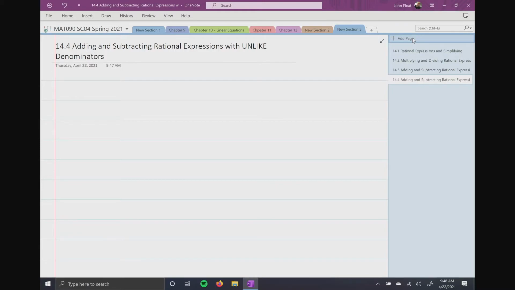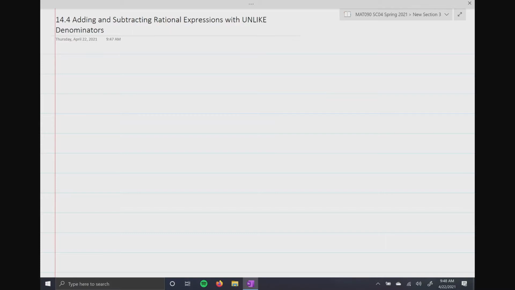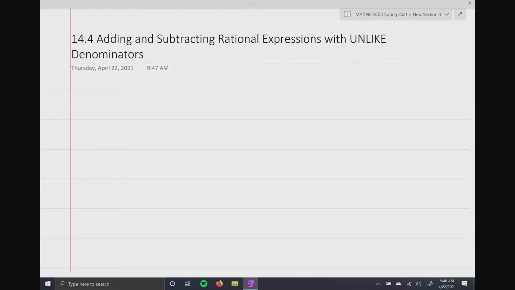Now, adding or subtracting with unlike denominators is the exact same thing as adding and subtracting fractions with unlike denominators. You're going to have to find an LCD, and it's really easy to do, provided you just follow the steps.